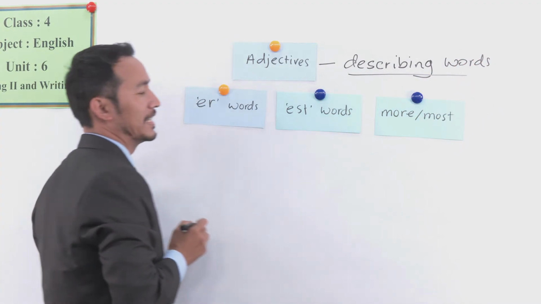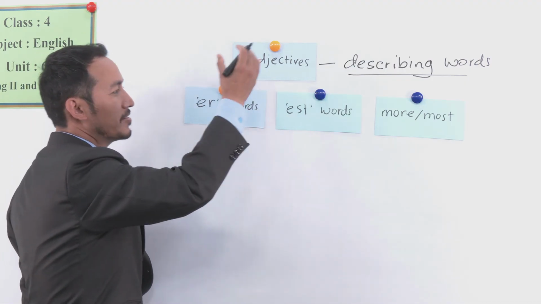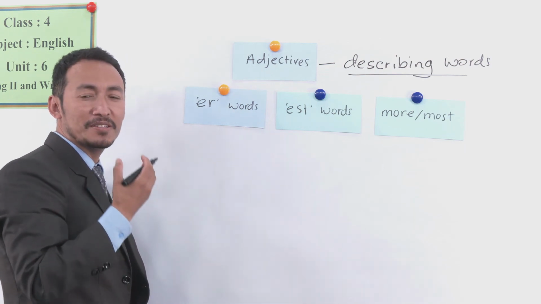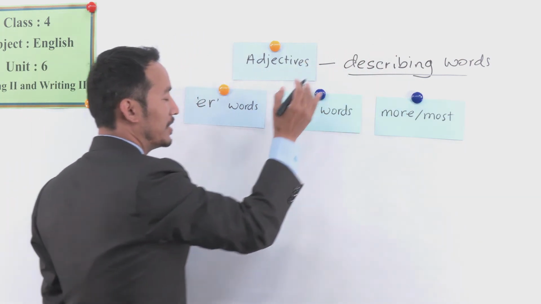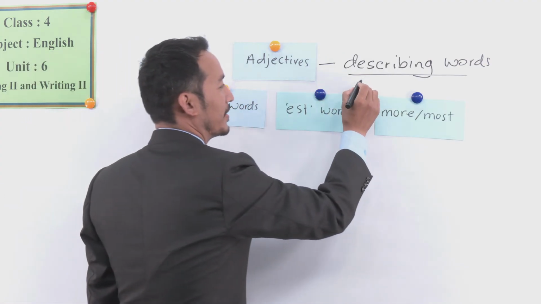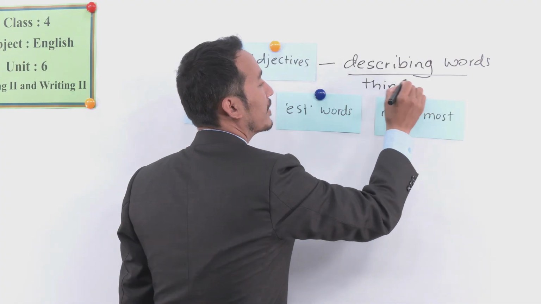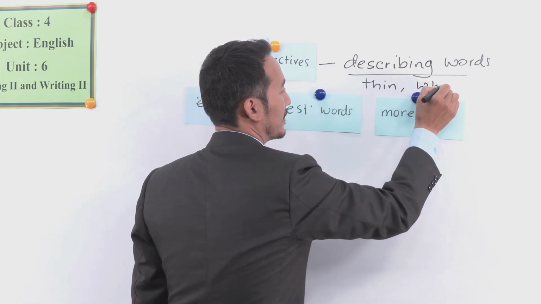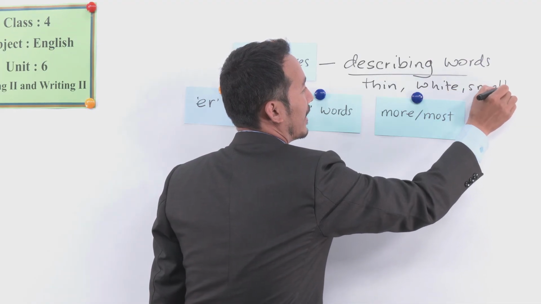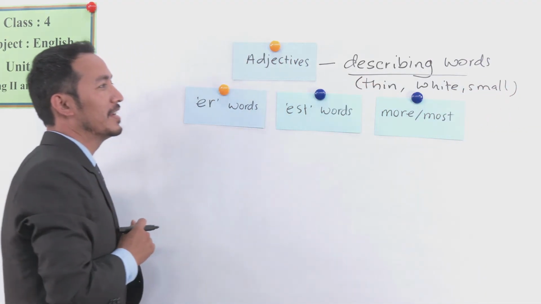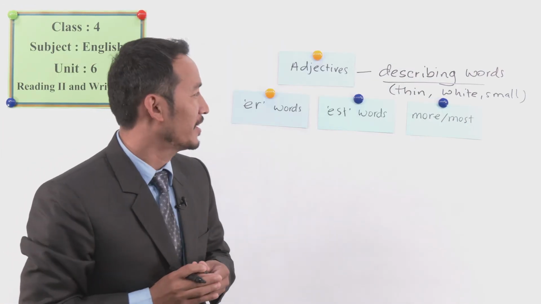They are called describing words. And describing words describe things, animals, people. With words like, as I said earlier, thin, white, small, and so on. So these are some of the examples of describing words, okay students?